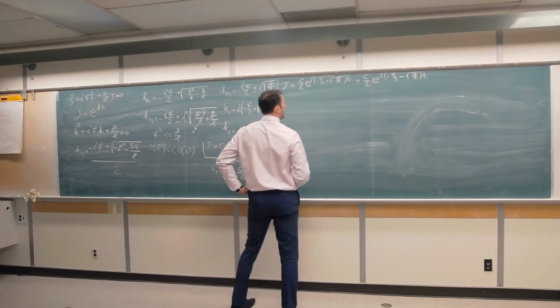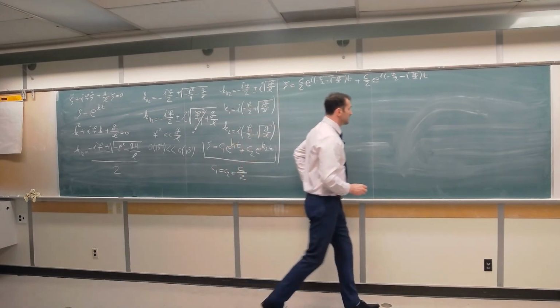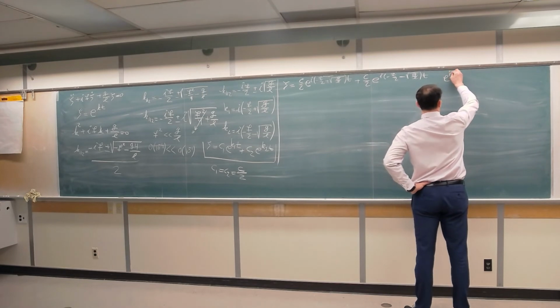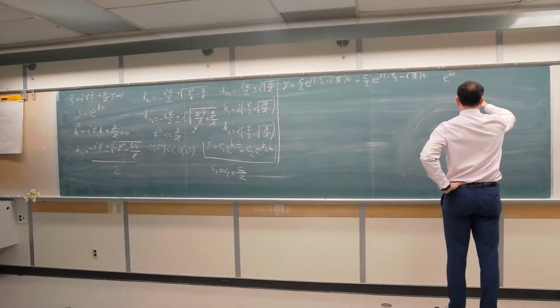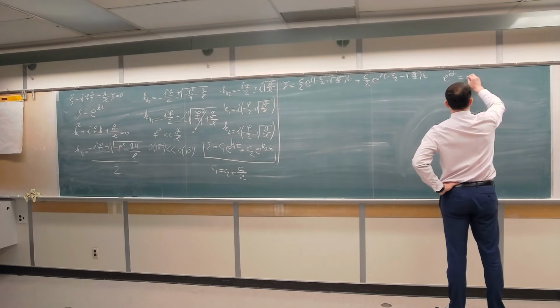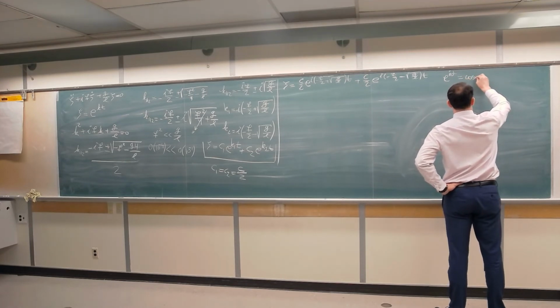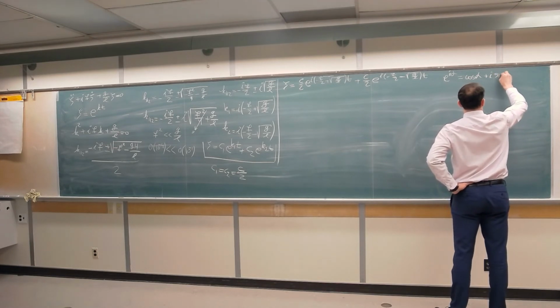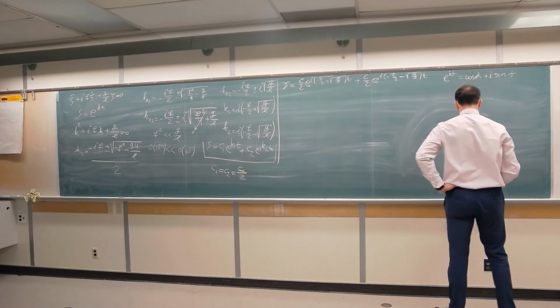Now I will use the basic trigonometric identity that e to i times alpha, some arbitrary alpha, is equal to cosine alpha plus i sine alpha.